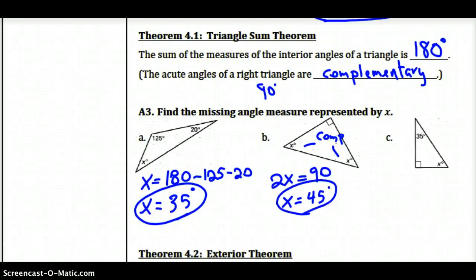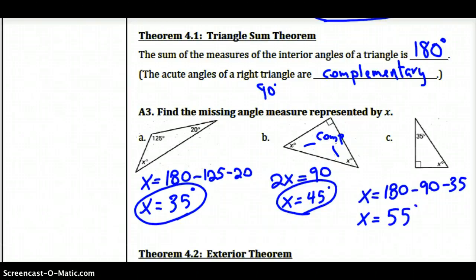Okay. And over here, this is a right triangle as well. I could do this the long way: x equals 180 for the total, minus 90 minus 35. That's going to come out to be 55 degrees. Now we could have solved this one like we did with the B problem there.